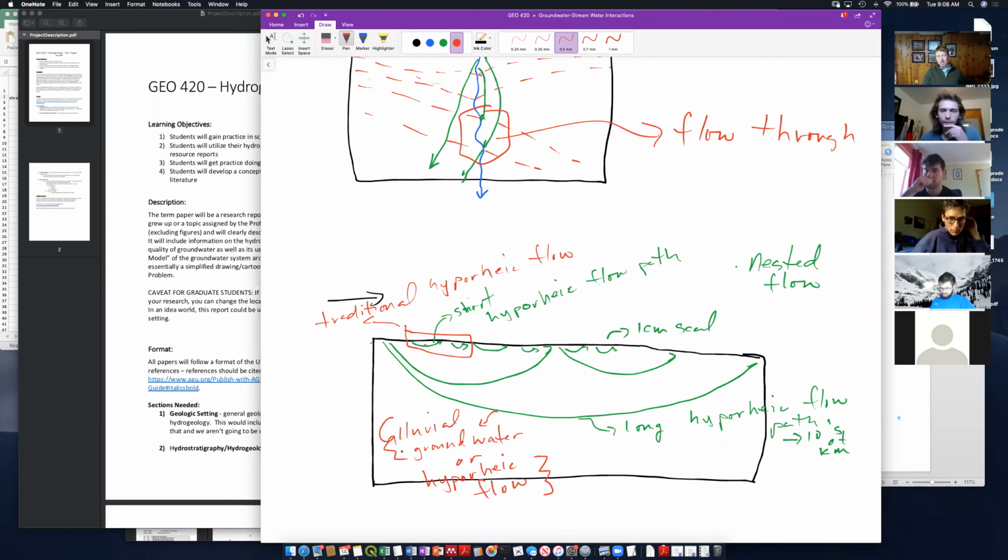Then there's another school of thought that says anything longer than 100 meters is alluvial groundwater.